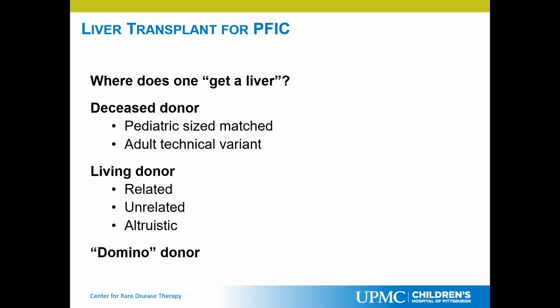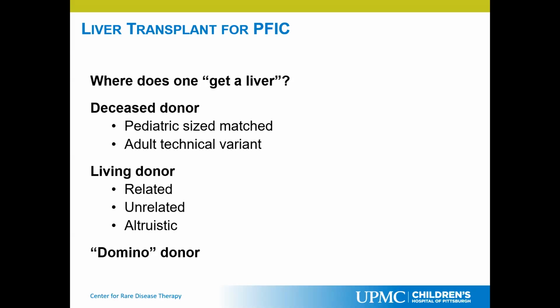The livers could be a pediatric size match, and so you could use a whole liver from a child into a child if they're about the same size, or if it's an adult that is deceased, you could take a portion of their liver and put the small left portion into a child and put the right side of their liver into an adult. And those are called technical variant grafts.